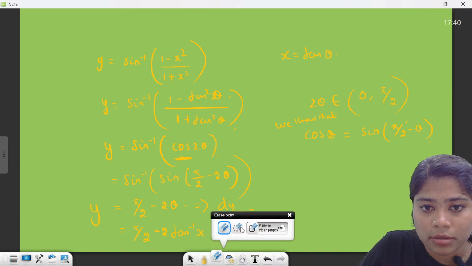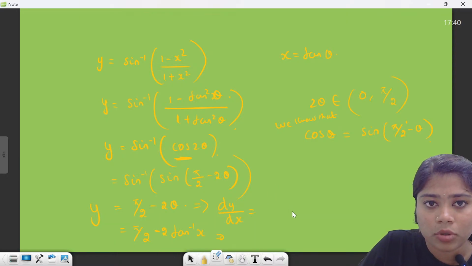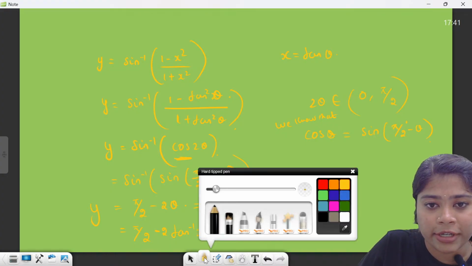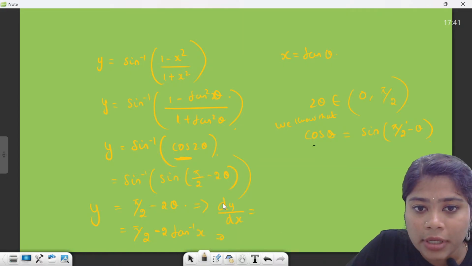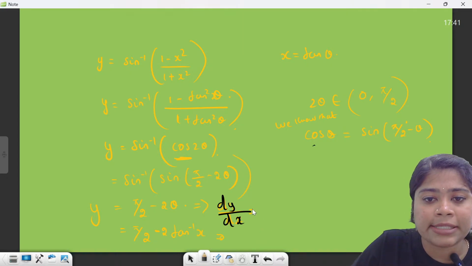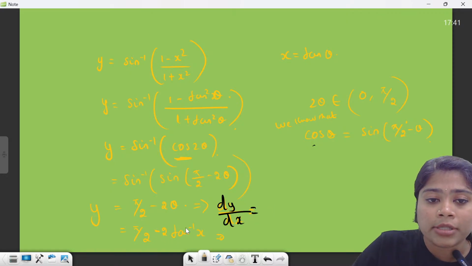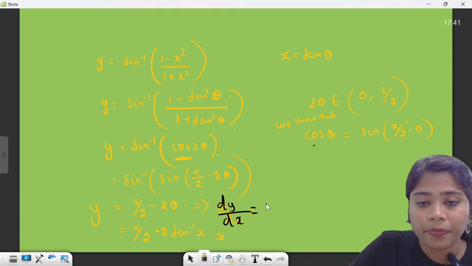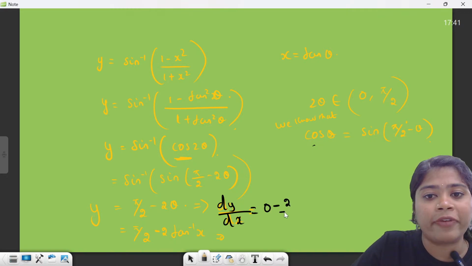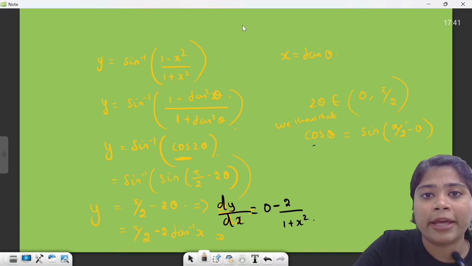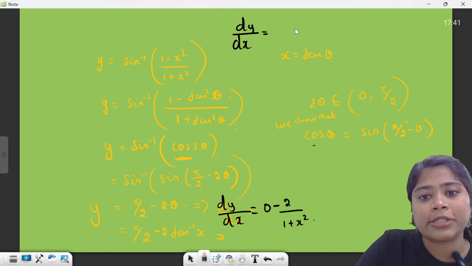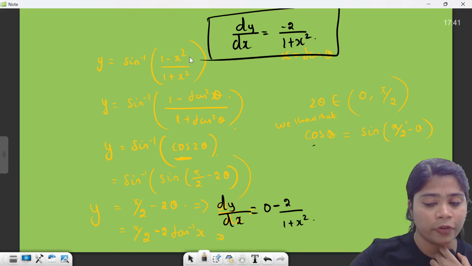Okay, fine, no issues. So dy by dx is equal to: pi by 2 differentiation is 0, minus 2 divided by 1 plus x square. So the answer is dy by dx is equal to minus 2 divided by 1 plus x square. This is the final answer for the question.